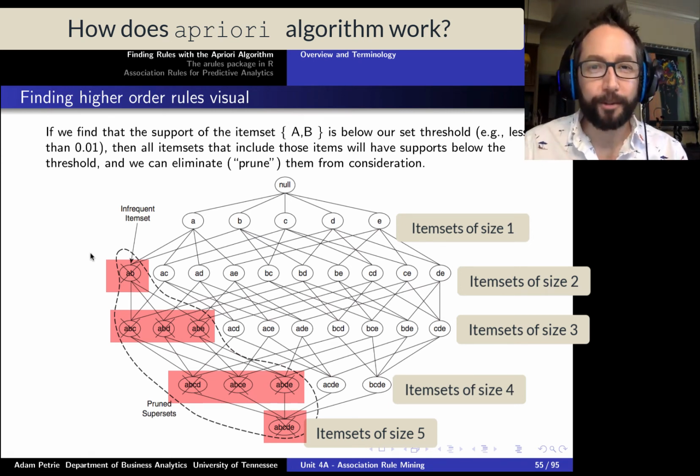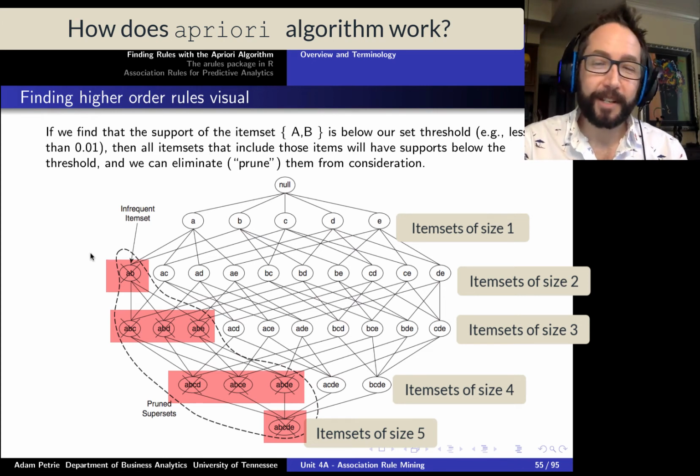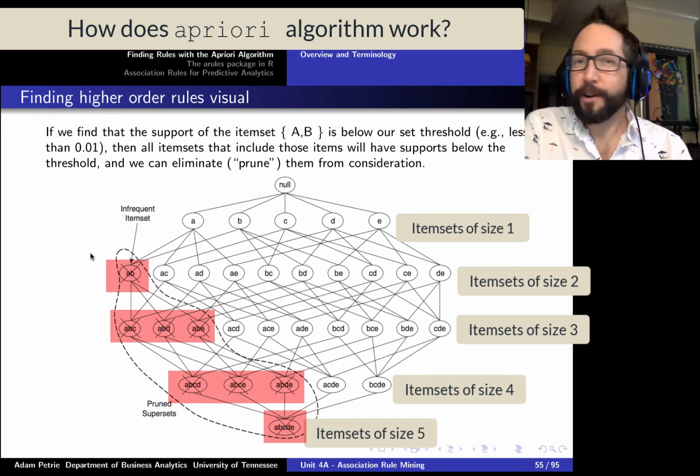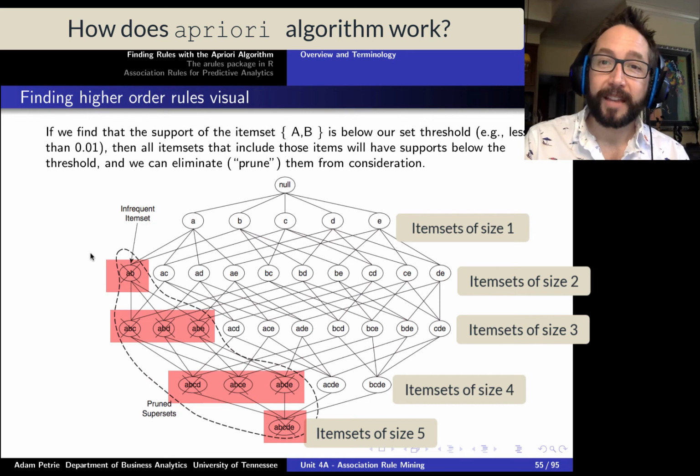And so in most transactional data sets, that's going to happen really quite quickly. We're going to stumble upon item sets fairly early on in the algorithm, item sets of size 2 or 3, that don't meet the support threshold, and that's going to allow us to immediately eliminate any higher order combinations that contain those items as well.